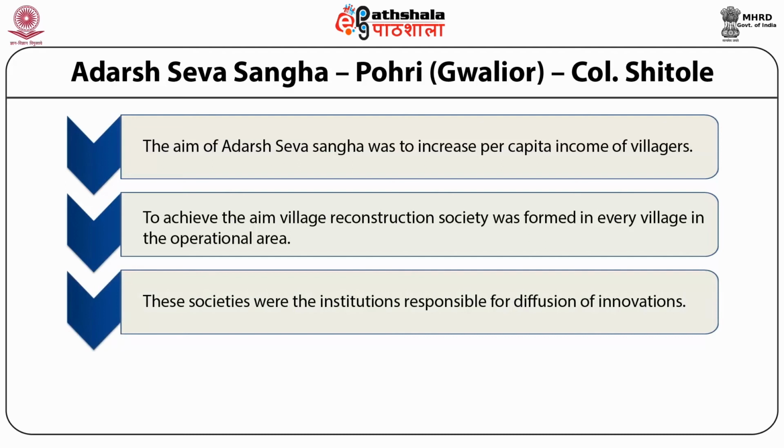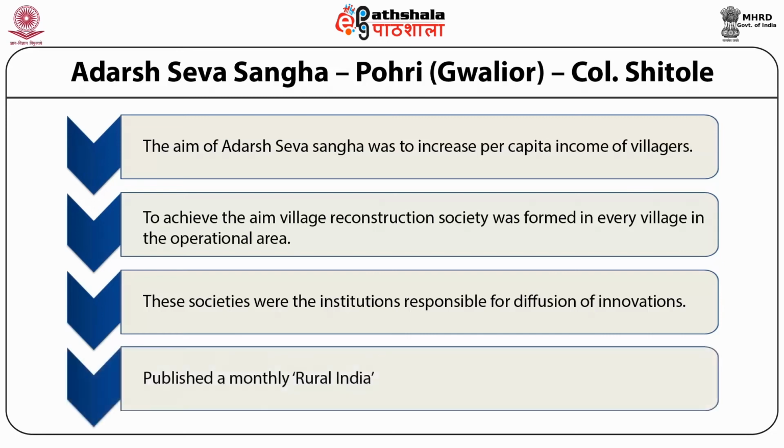As we have seen in earlier examples, with committed leadership, change in the desired manner can be introduced. For bringing in mass awareness, Adarsh Seva Sangh published a monthly known as Rural India, through which people were motivated to be a part of the change process and be the carrier of change.